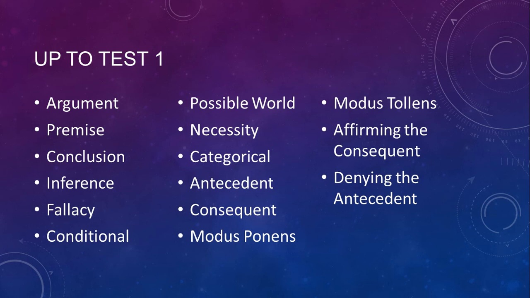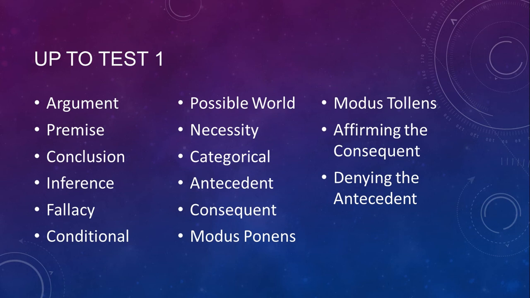So what does it mean to say something is necessary? A hint: you can explain this using possible worlds talk. If P is necessary for Q, there's no possible world where P is not Q. Good.